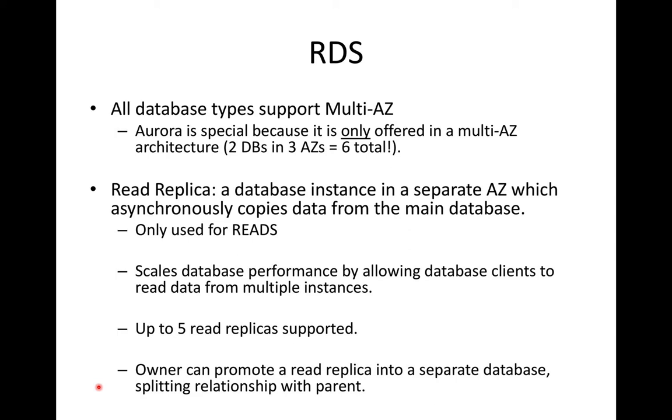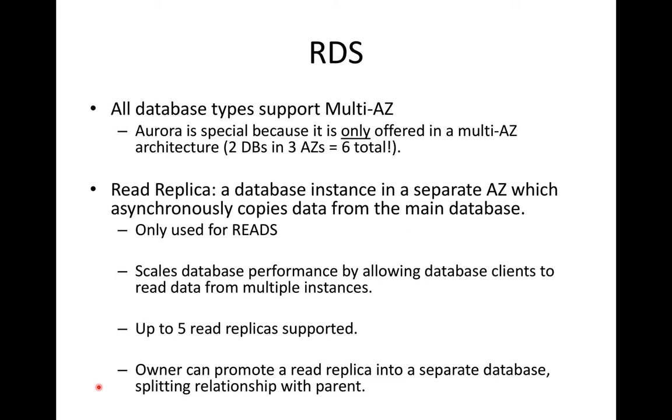And then your application, when it's performing database reads, can read from the primary database, but it can also read data from one of the read replicas. And this allows you to potentially scale the performance of your application, because many types of applications perform a great deal of reads versus the number of writes.